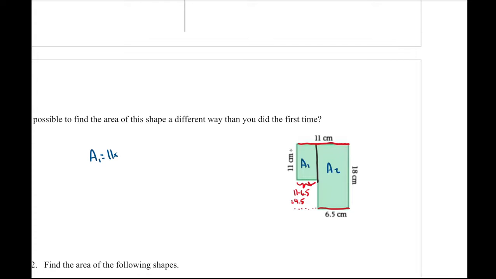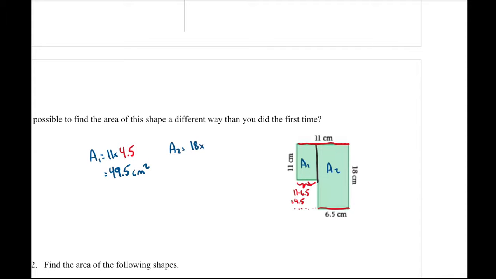So that means the area of the first one is going to be 11 times 4.5, which gives me 49.5 centimeters squared. And for area 2, again, 18 by 6.5.